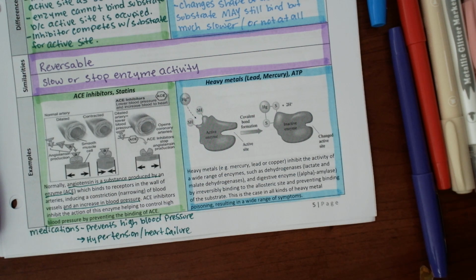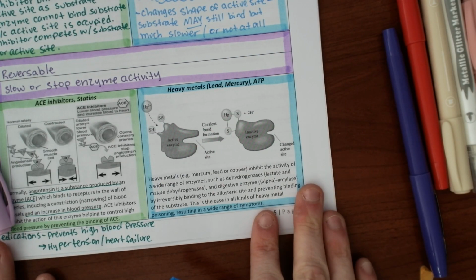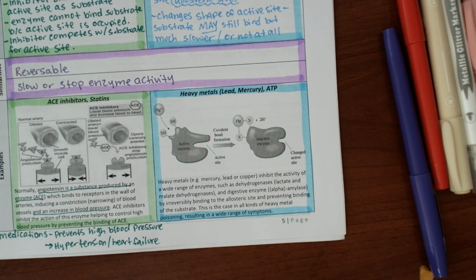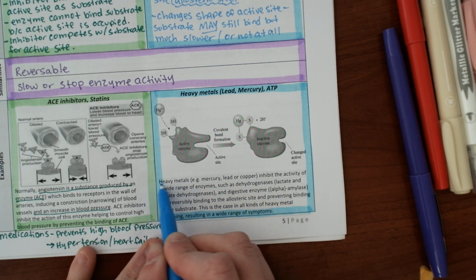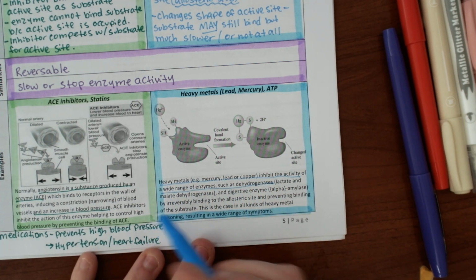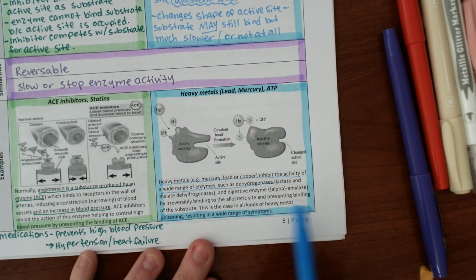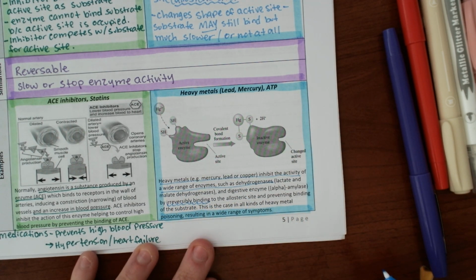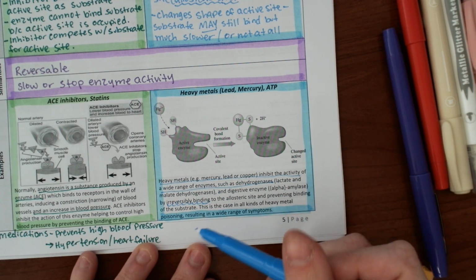And then with your scooch, stop it, get out of the way. With your allosteric inhibition, these are all like poisons, which I just find really interesting. Things like heavy metals, so mercury, lead, or copper, inhibit the activity of a wide range of enzymes, such as dehydrogenases, like lactate and malate dehydrogenase, and digestive enzymes like amylase, by irreversibly binding to your allosteric site and preventing binding of the substrate.